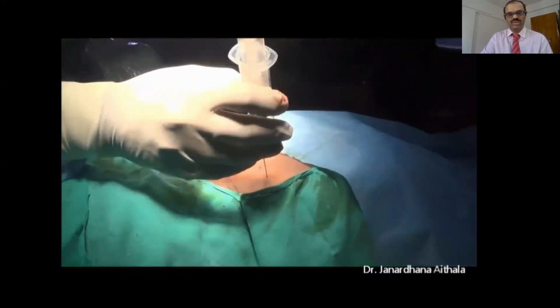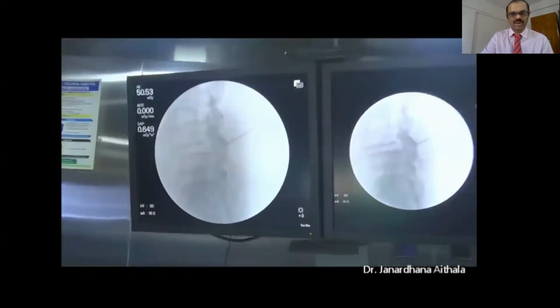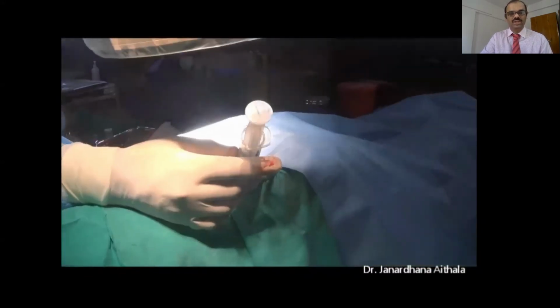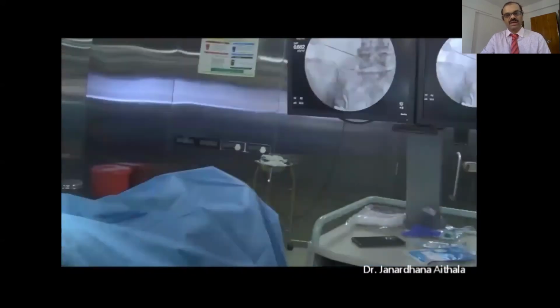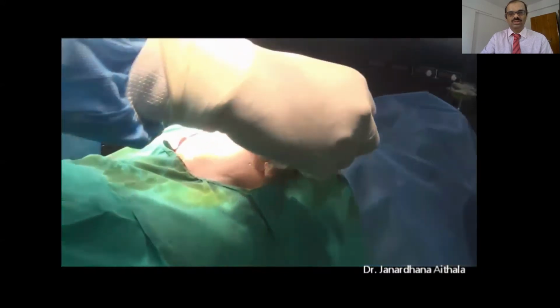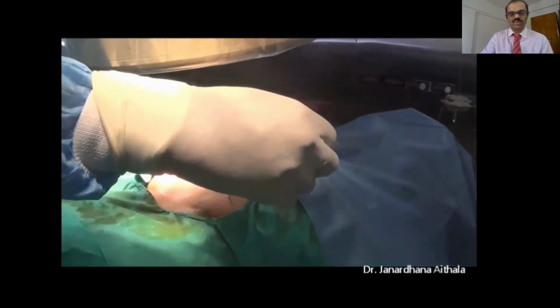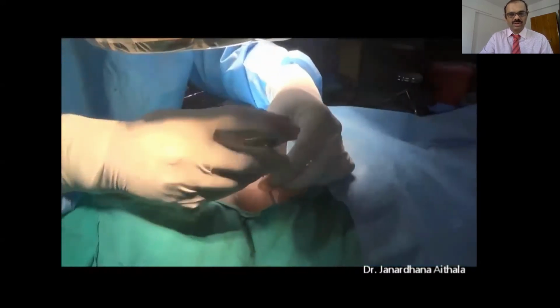Now, because we need to do multiple sites, and for demonstration purposes, I'm doing the extrapedicular approach. Again, you can see the needle is directed to the junction of pedicle and vertebral body just above the transverse process. The entry point is a little bit more lateral compared to the transpedicular approach.